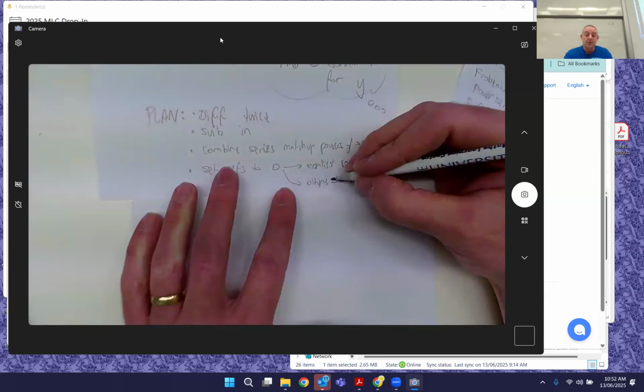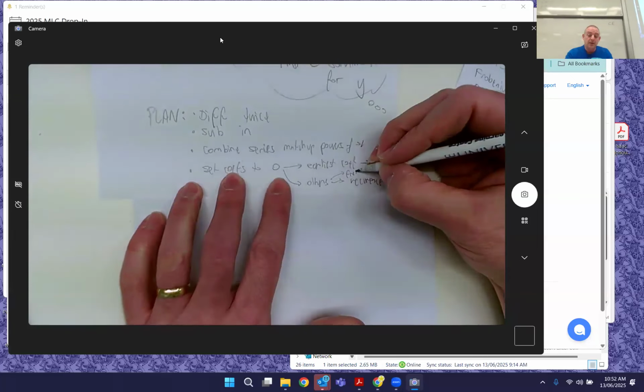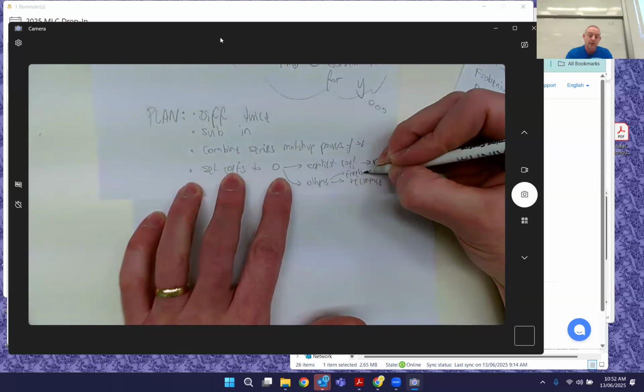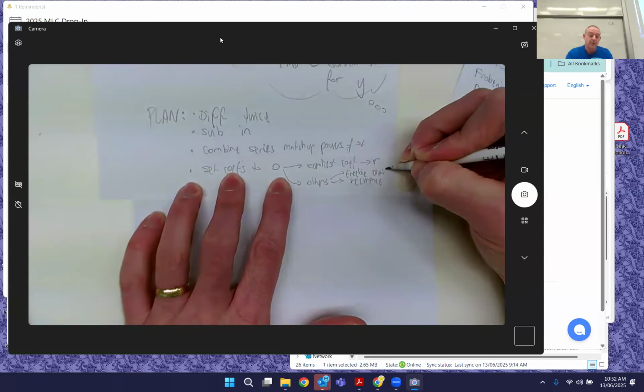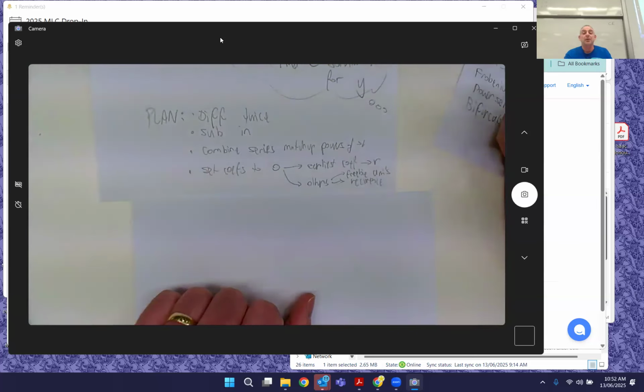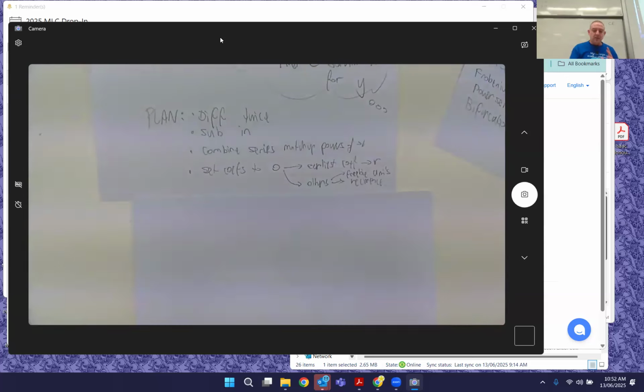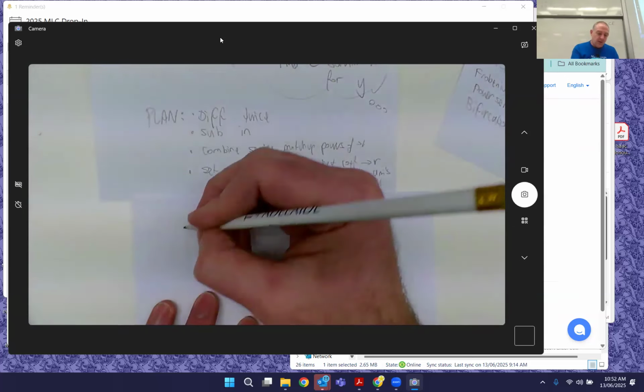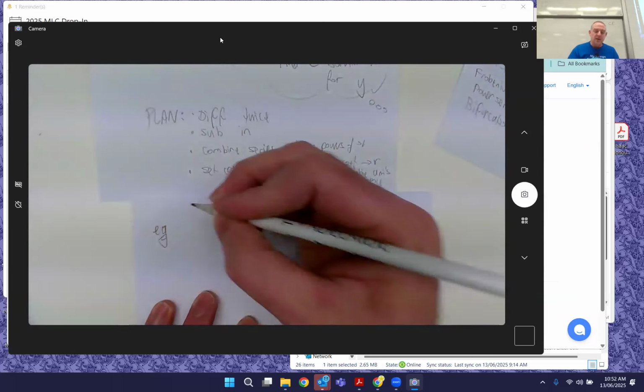So sometimes you get freebie ANs from the other coefficients. It happens sometimes. And they tell you that if like A1 is 0 or something. That happens. So let's do an example. We've got a little bit of time to get going on an example.